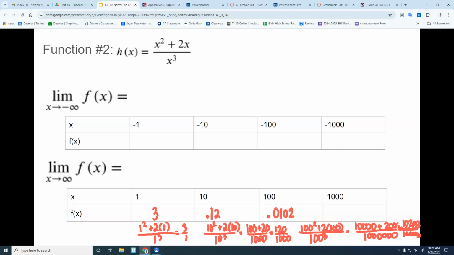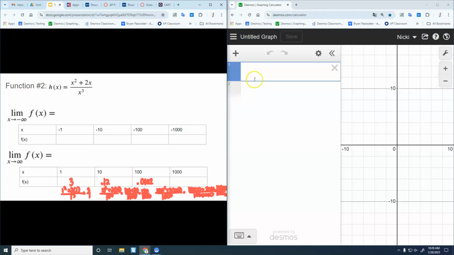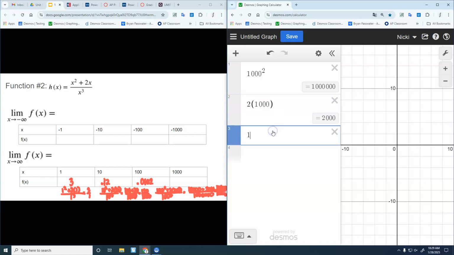And then if I do 1,000, let's skip over here to where we're using the calculator now. Oh gosh, that really is awful looking, isn't it? So if I do 1,000 to the second, I'm going to do it piece by piece, just so you guys can see. Then you'll have 2 times 1,000, and then you'll have 1,000 to the third.